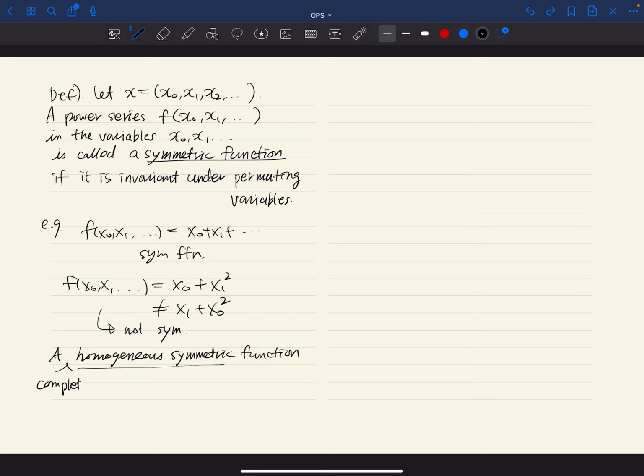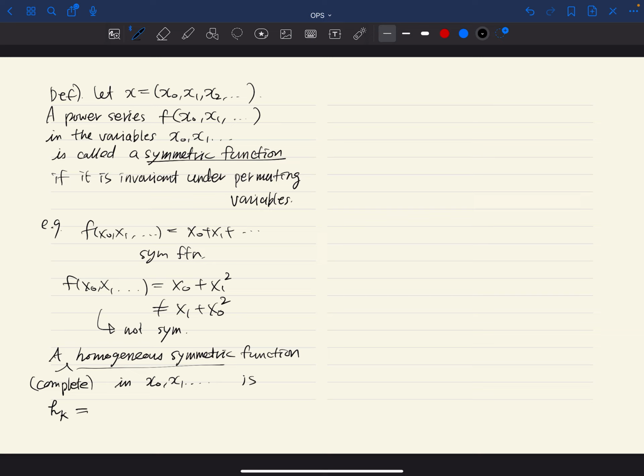Yeah, just for brevity, let me just call it homogeneous symmetric function. But sometimes it's called complete homogeneous symmetric function. It is h sub k. Sorry, in the variables, we have to specify the variables: x0, x1, and so on.